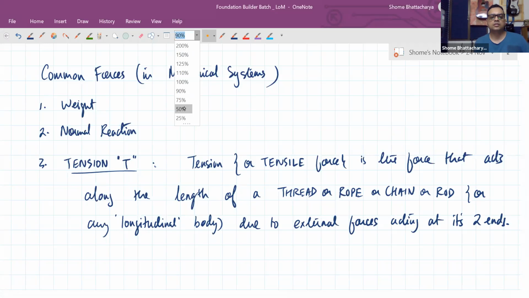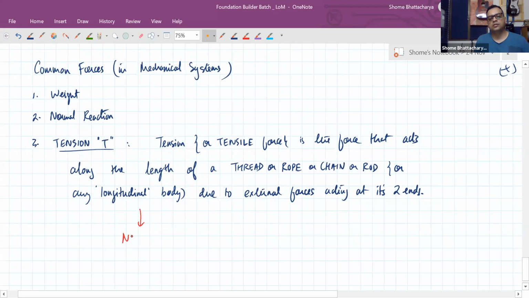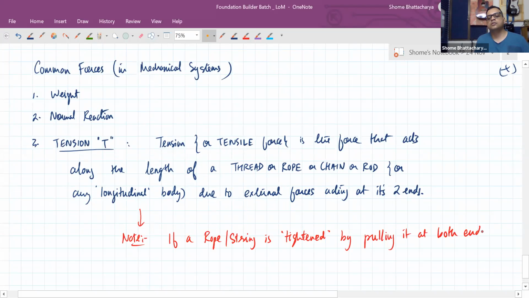So basically, if a rope or string is tightened by pulling it, okay, more the tightness, okay, greater will be the tension force in it.